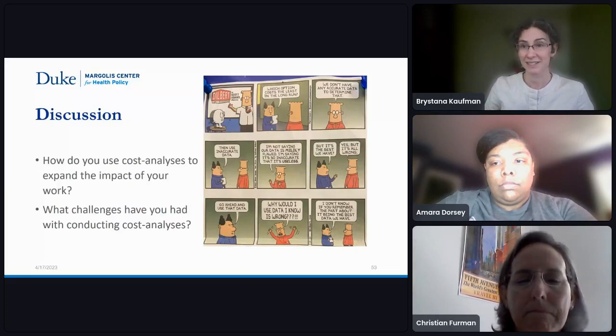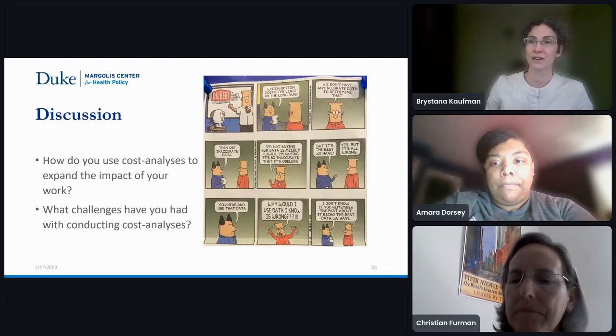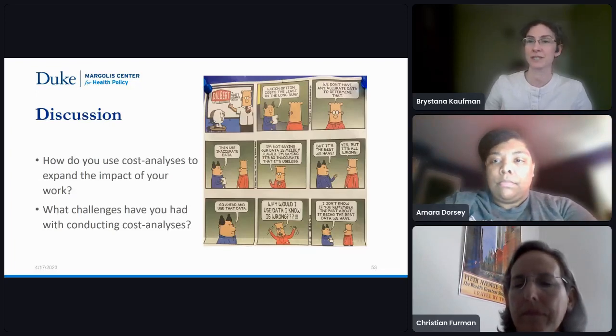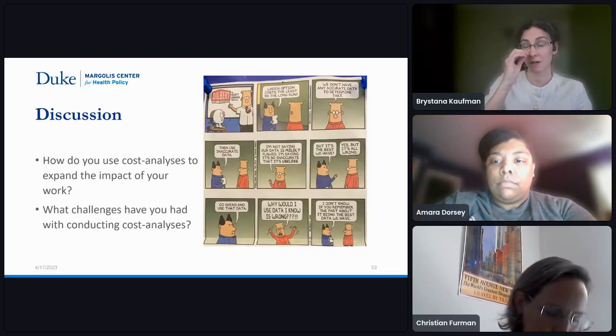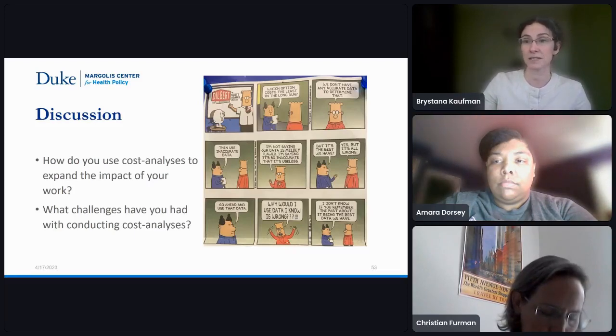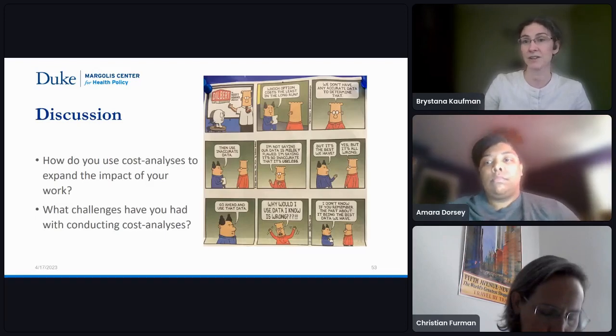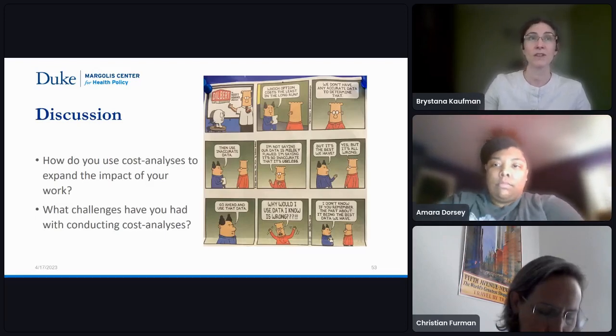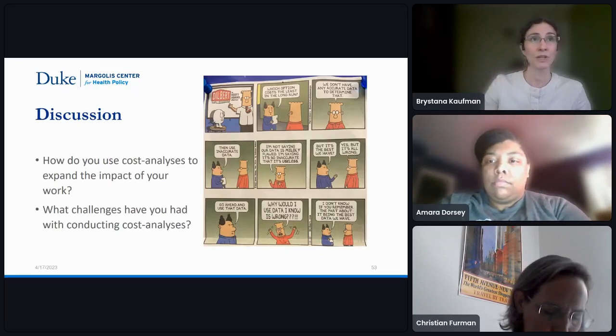And so in the United States, historically, $50,000 was a reasonable accepted amount to pay for a quality adjusted life year. But more recently, in the last 10 years, we've seen an increase in that willingness from policymakers, health systems and payers to pay more for those really life-changing, life-saving therapies.